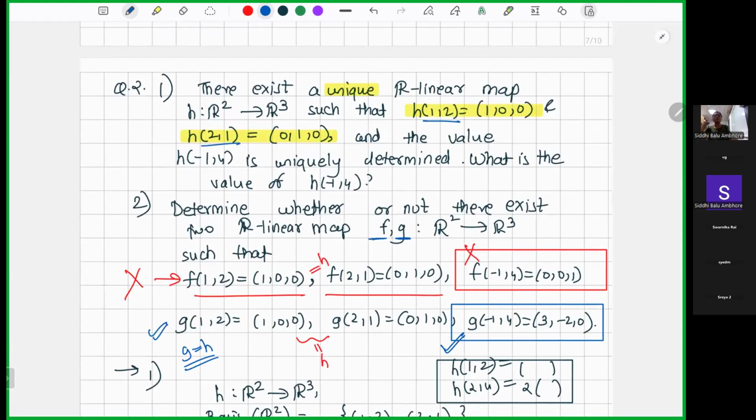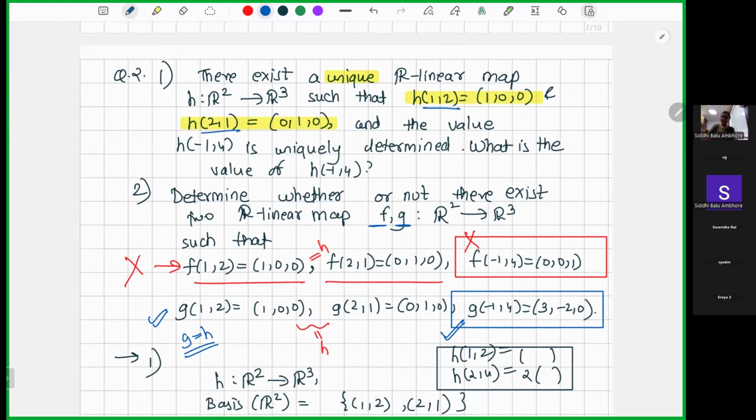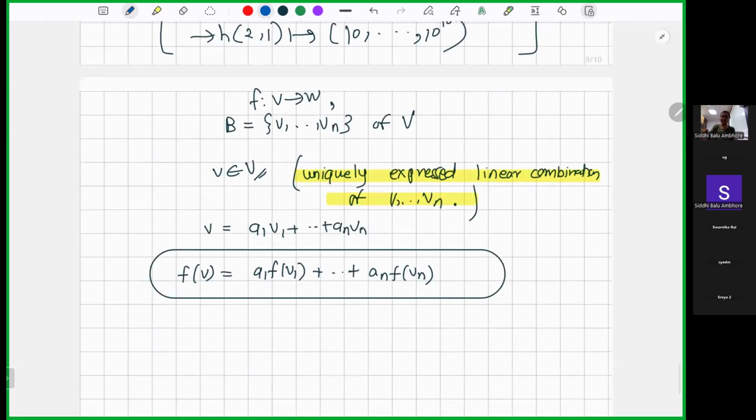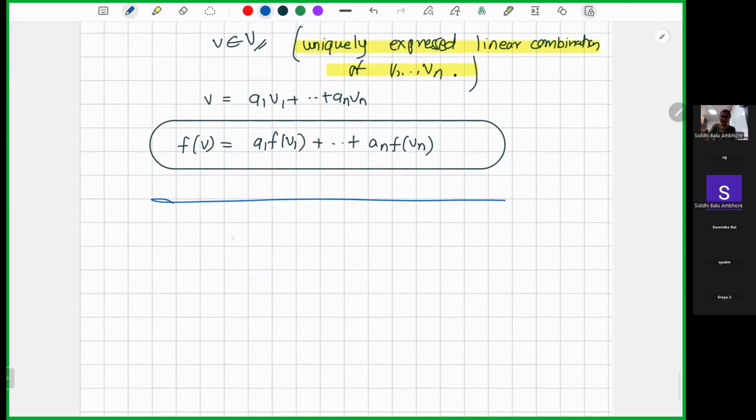Okay. We can define some way such that f of minus 1 comma 4 is this. Or you can definitely, if you just want some map, you can always define it like this, right?